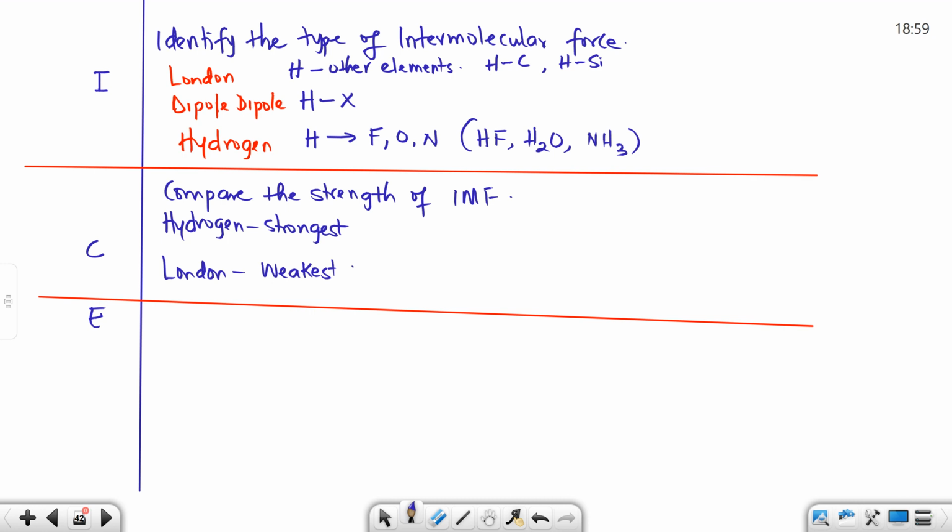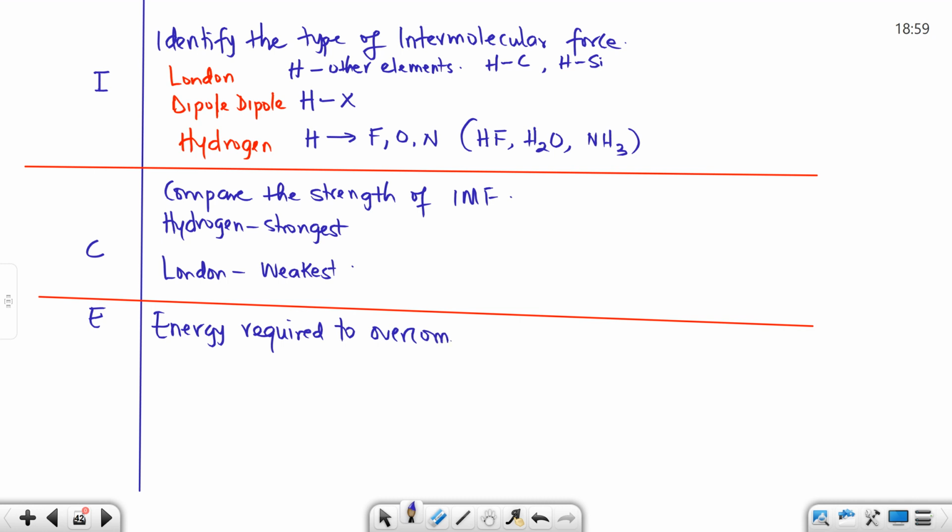So you compare, and when you compare, use comparison. All right, hydrogen bond in A is stronger than the London in B, or hydrogen bond is stronger than the dipole in B. Or dipole is stronger than the London. Just know the strength. And number 3, talk about what? Energy required to do what?